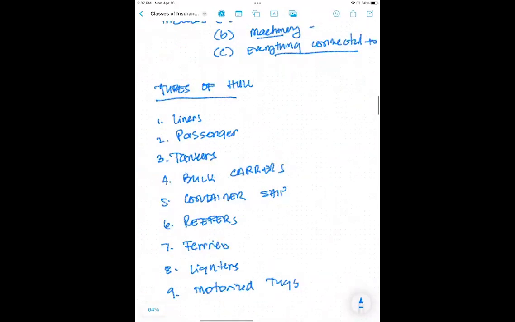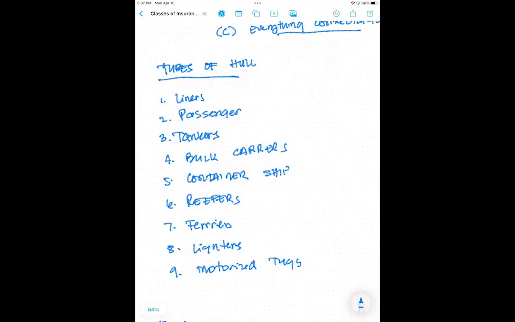Very important also is to know the types of hull. Some might question why this is important, right? But the relevance of this will be shown when we discuss the warranties. For now, these are the types of hull. So we have liners.